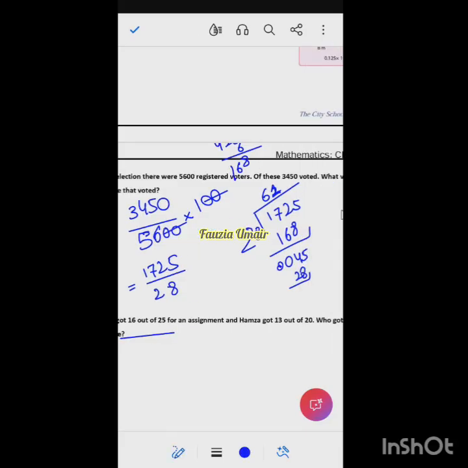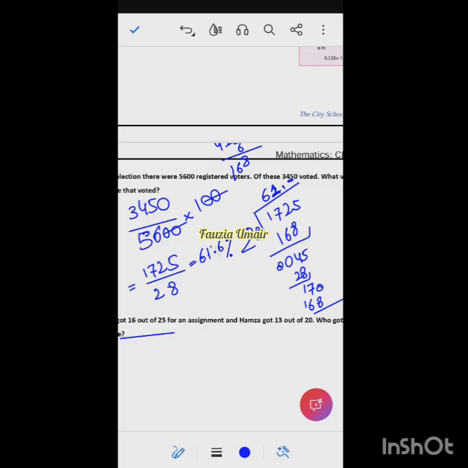The left one is 7. And 15 minus 8 is 7. So put a decimal here and make it 170, and again it will be 6. 28 sixes are 168. Right? So the answer is 61.6%.